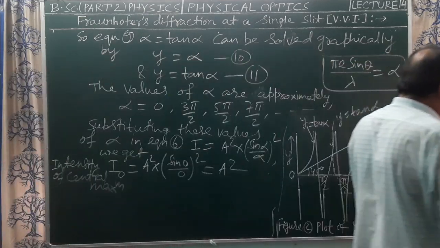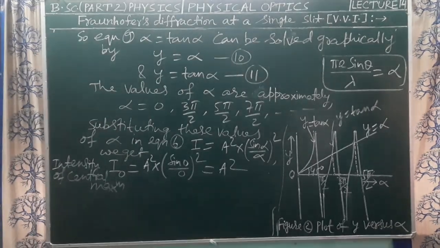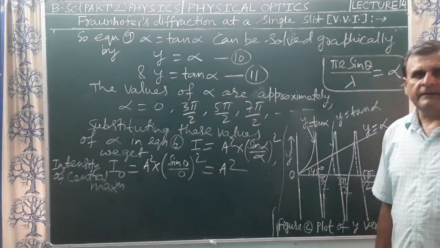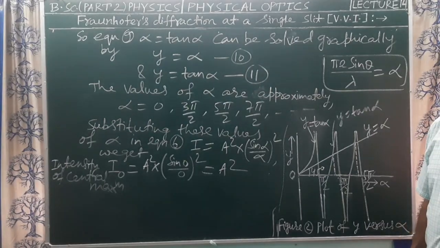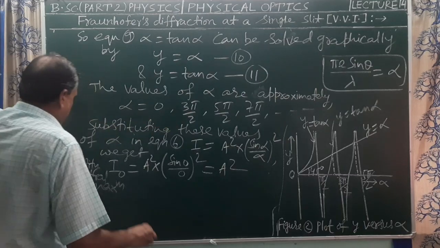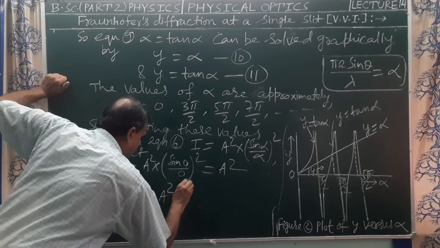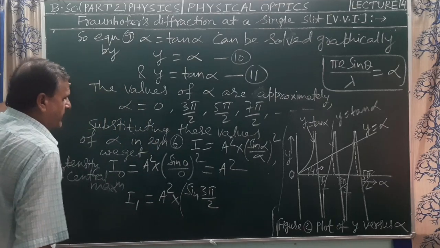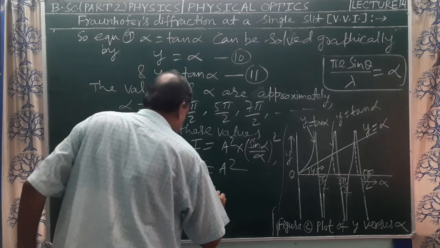Now putting alpha equal to 3 pi by 2 in equation number 6, we will get the intensity of first subsidiary or secondary maxima. So I1 is equal to A square multiplied by sin 3 pi by 2 upon 3 pi by 2, the whole square.